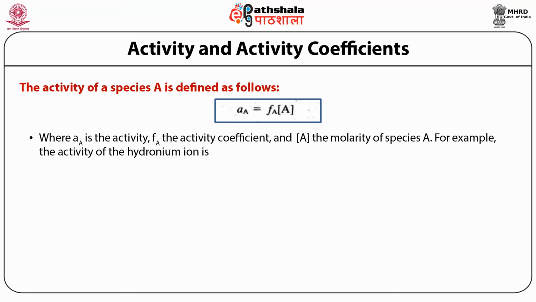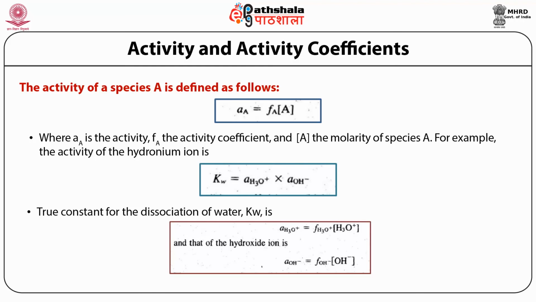For example, the activity of the hydronium ion, a H3O plus, is equal to F H3O plus times the H3O plus concentration, and that of the hydroxide ion, a OH negative, is equal to F OH negative times the OH negative concentration. The true constant for the dissociation of water, Kw, is equal to a H3O plus times a OH negative.